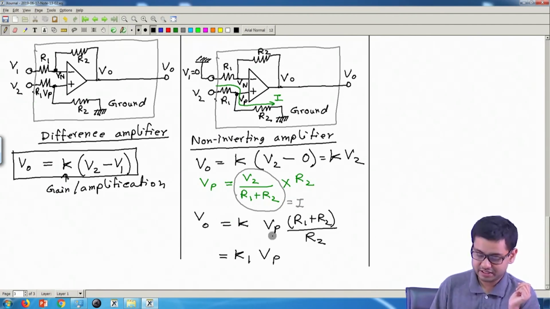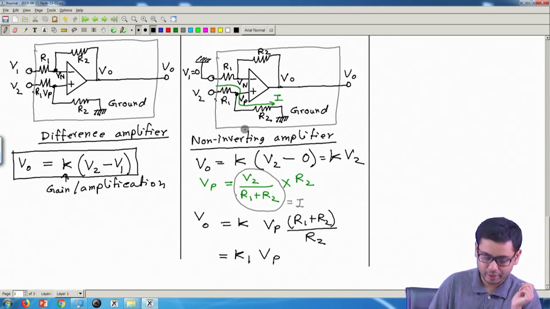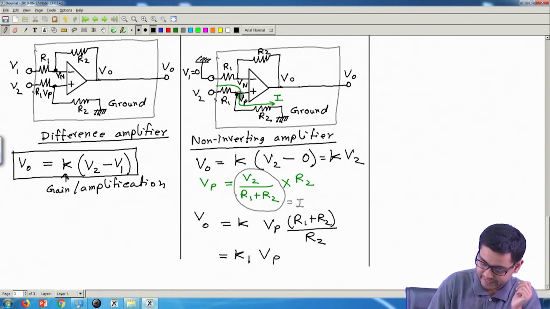The voltage that we are applying here is getting reduced by a factor of R2 by R1 plus R2, potential divider rule. So this voltage is first getting reduced, the opposite of amplification, attenuated. The voltage is first attenuated at this point, and then it is getting multiplied by a factor K, and this is the output VO.